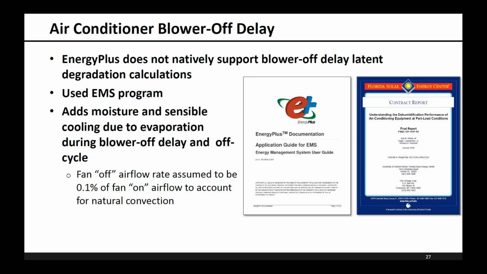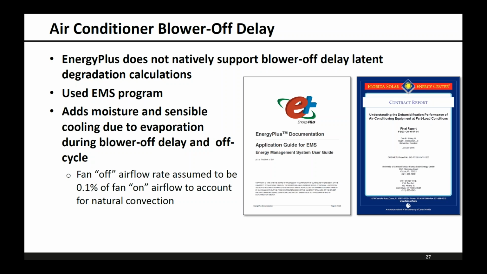So the EMS program would calculate the additional latent gain and sensible cooling that would need to be added back into the living zone at the end of each time step to account for the blower off delay evaporation.